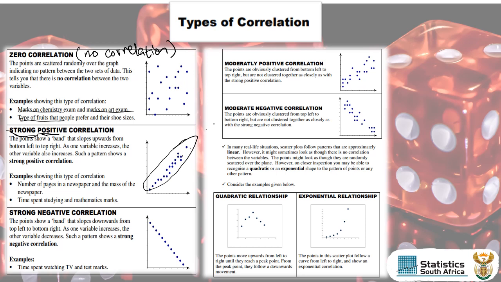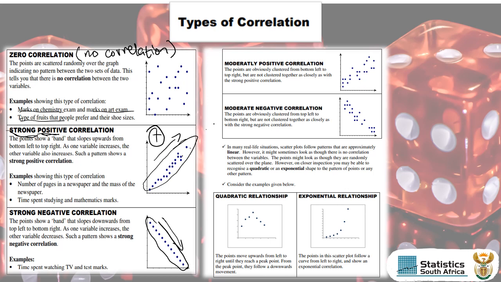Three, strong negative correlation. In this one, your points show a band sloping downwards, right? Your slope is going downwards, other than the previous one, which was positive and going upward. Your points are showing a bend downwards on your scatter plot.